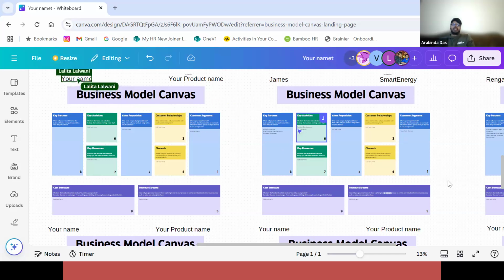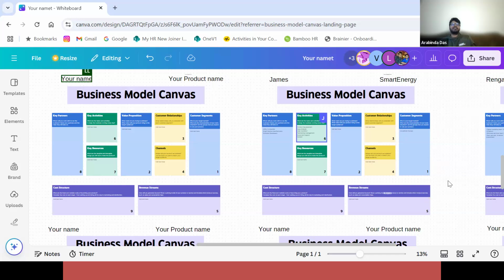While you're sitting like this, I can give one more note. We already have the business model canvas, but there is also the lean canvas, under lean Six Sigma.